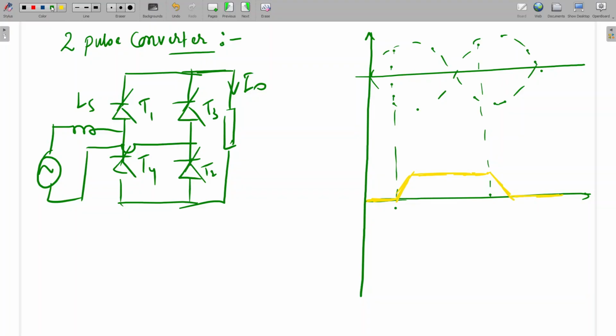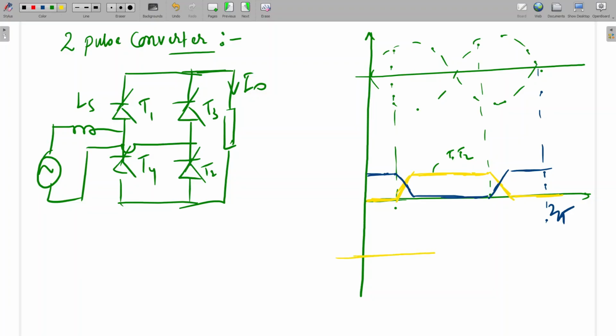And similarly T3, T4. So this is T1, T2. T3, T4 will be conducting before here. Here it will go to 0. Again it will come here, and here it will go to, this is 2 pi. So what will be the source current?